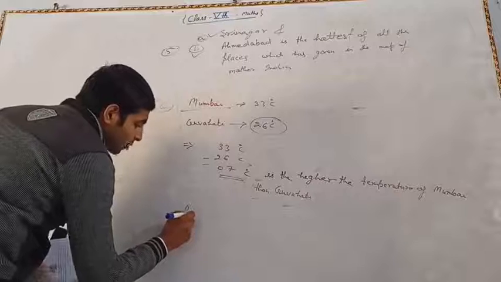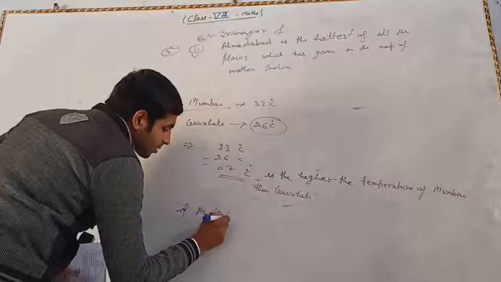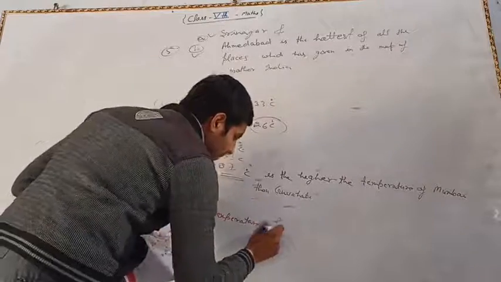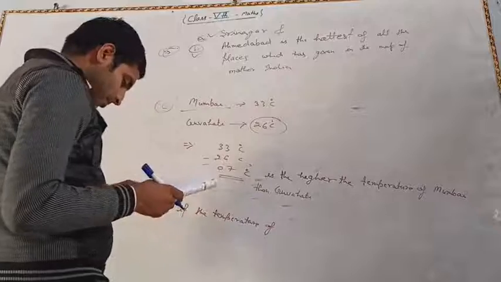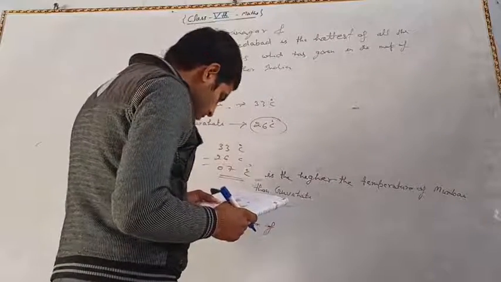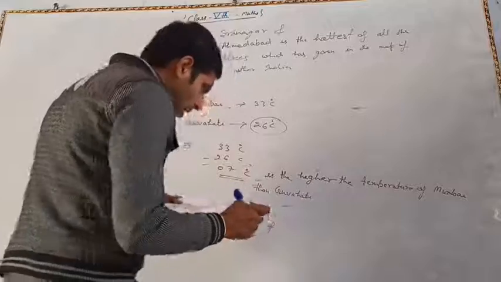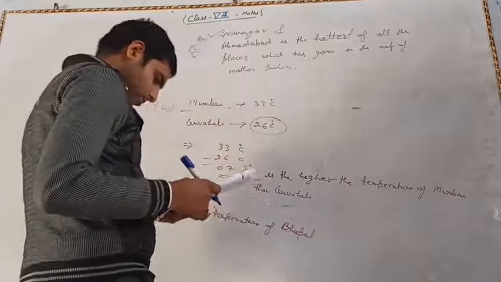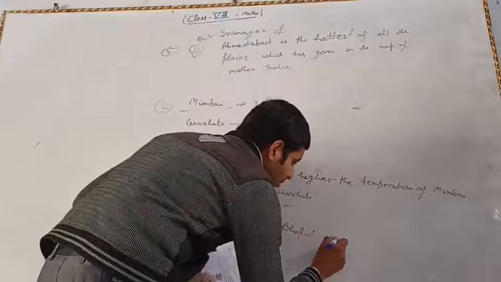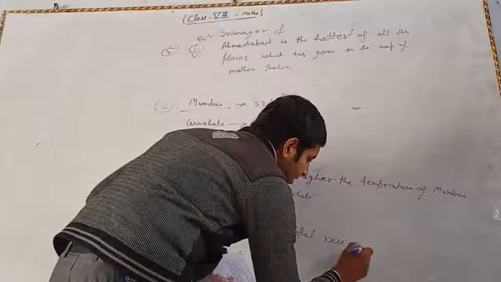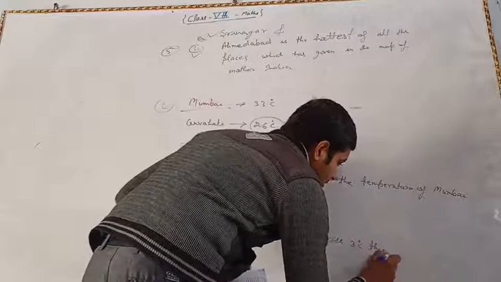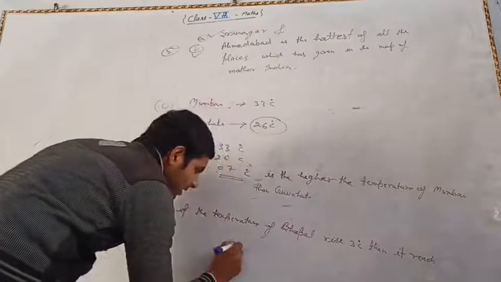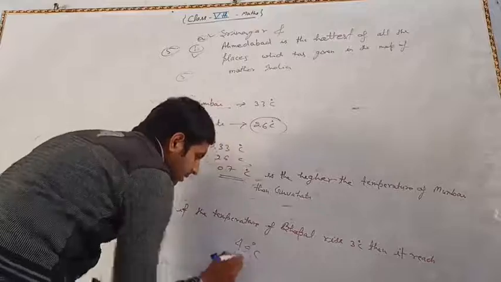You have to write that if the temperature of Bhopal rises 3 degree Celsius, then it reaches 40 degree centigrade. Okay.